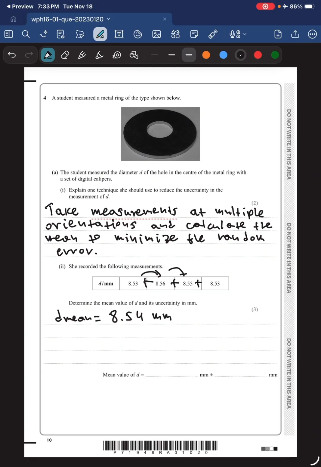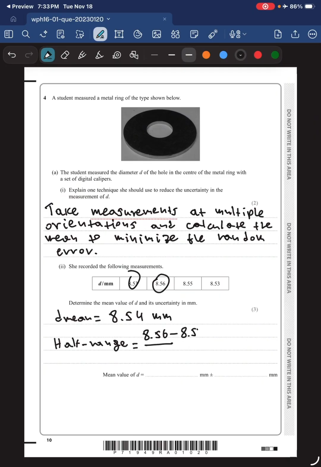millimeters. And then remember, when we are dealing with a series of measurements, like when we have multiple measurements, the uncertainty is found by the half range. So the half range is equal to, what's the range? The maximum value is 8.56 and the minimum value is 8.53.